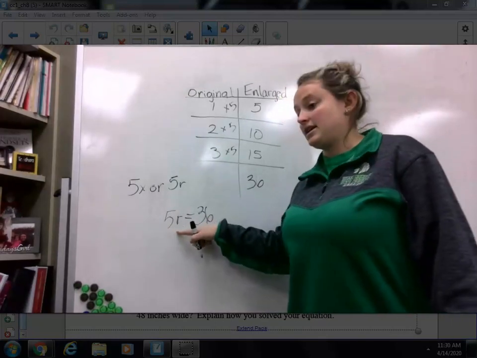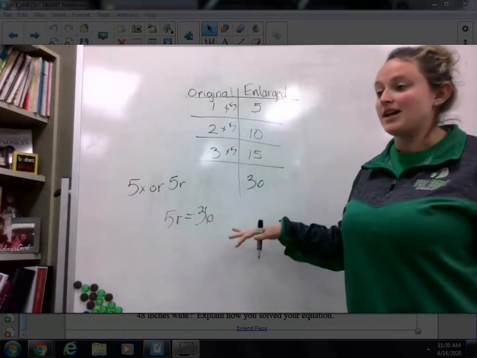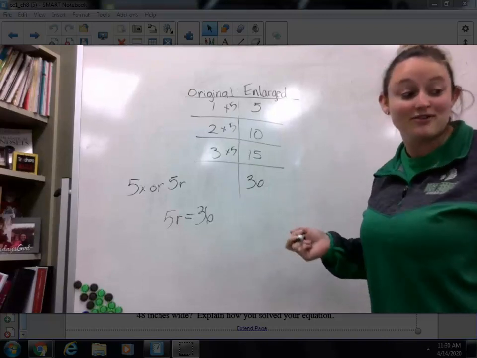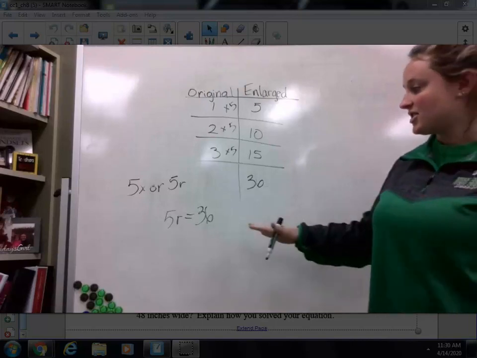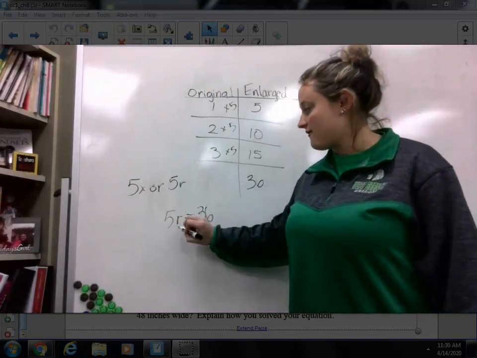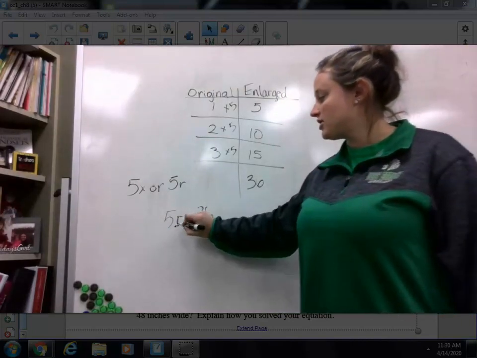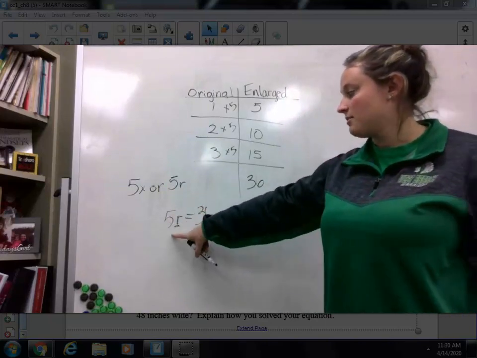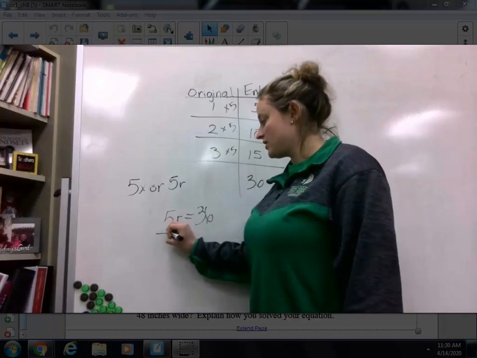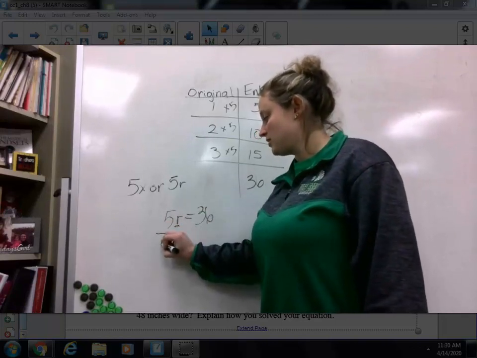Instead of just guessing and checking, we're going to do the undo method. Do we have a word for that? Yeah, the inverse operation. The inverse means that we undo something. So we want to try to get our variable by itself. And in order to do that, we want to do the inverse operation of multiplication. So our inverse of multiplying is to divide.